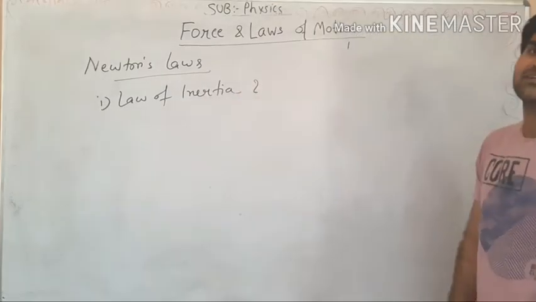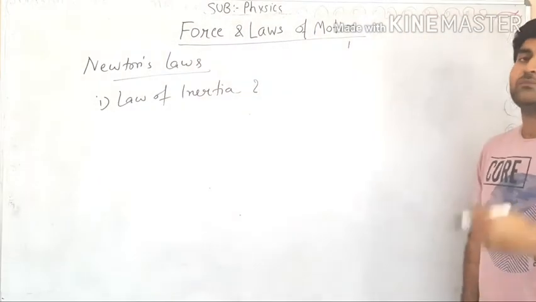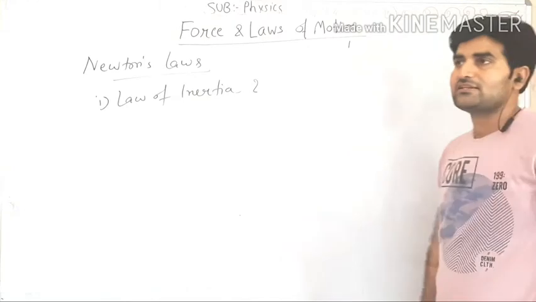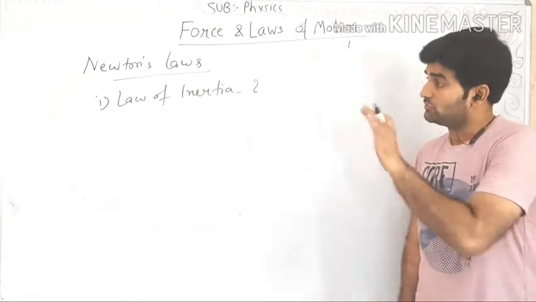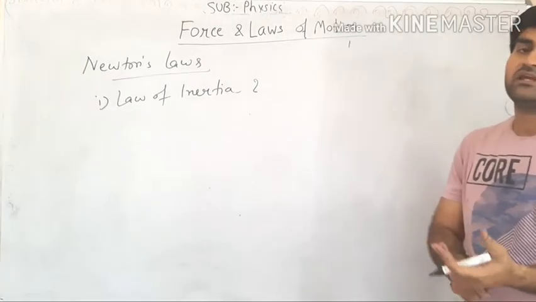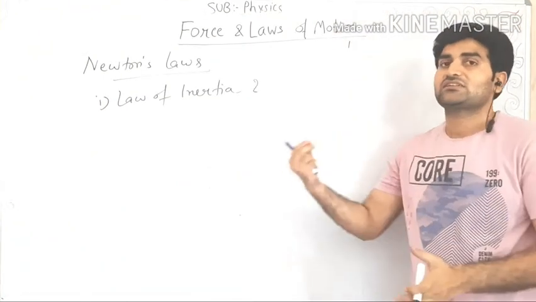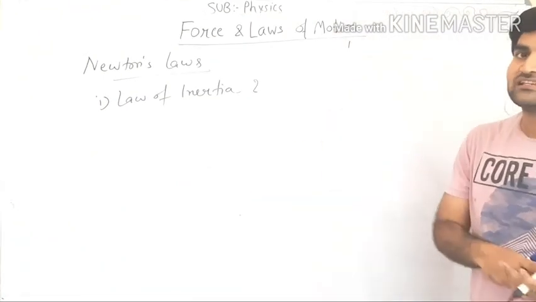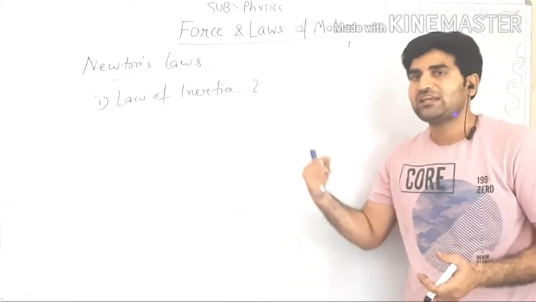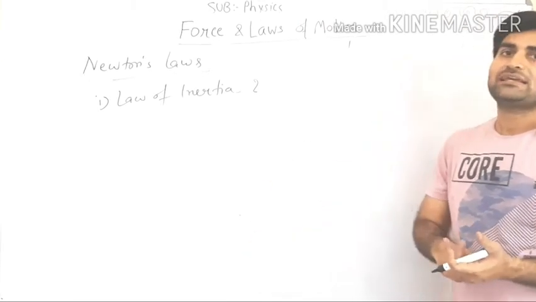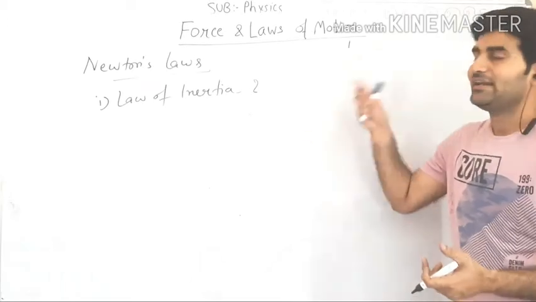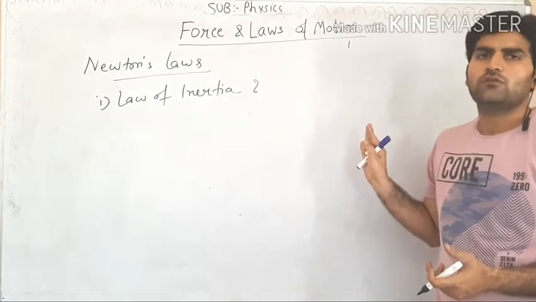We have studied inertia. Inertia is the inability of a body to change its state without applying force. So the law of inertia says every body continues in its state until an external force is applied on it. If a body is in uniform motion, it will remain in uniform motion. If a body is at rest, it will remain at rest. This is called the law of inertia.